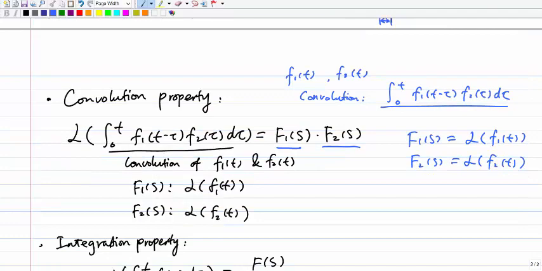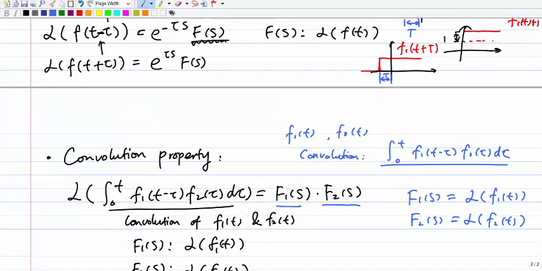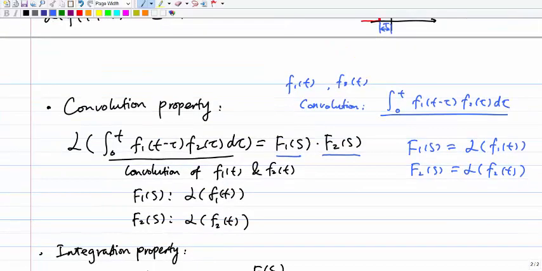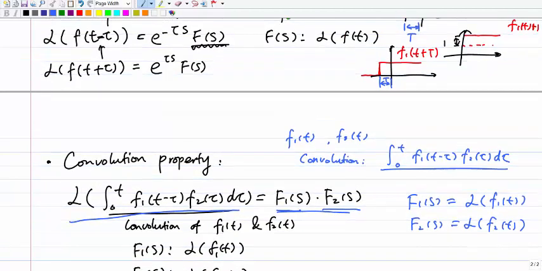This is a little bit hard to understand, so I'm going to provide a video to show why the Laplace transform of a convolution is indeed the product of the transfer functions of the two individual functions. It's a little bit harder, and I'll show you why that's the case.